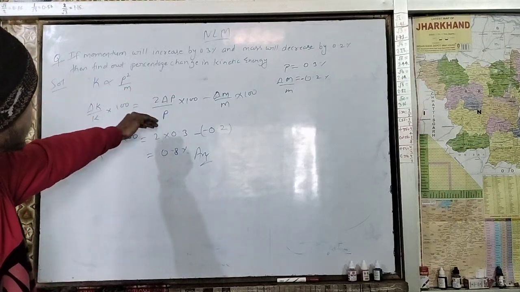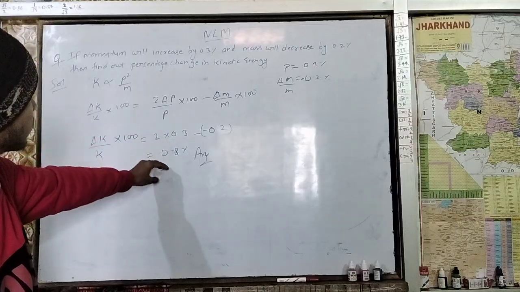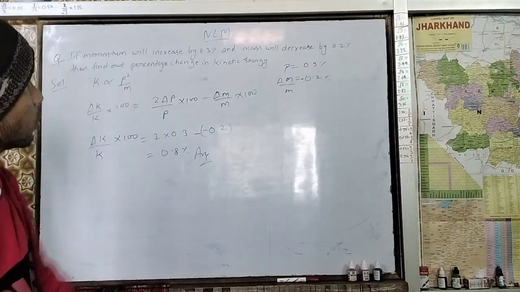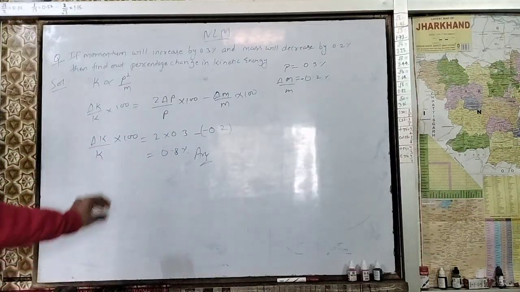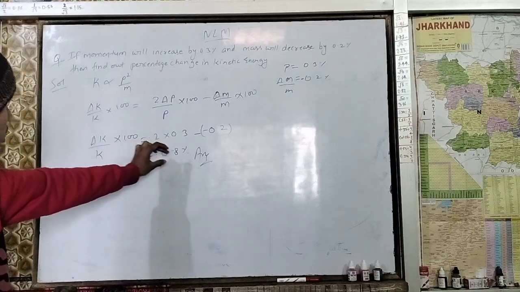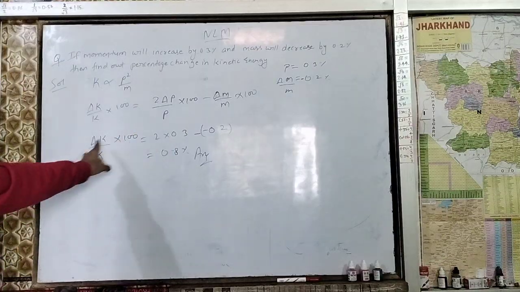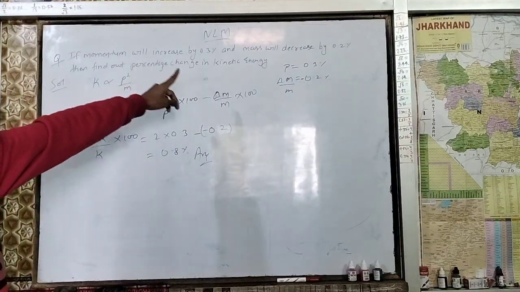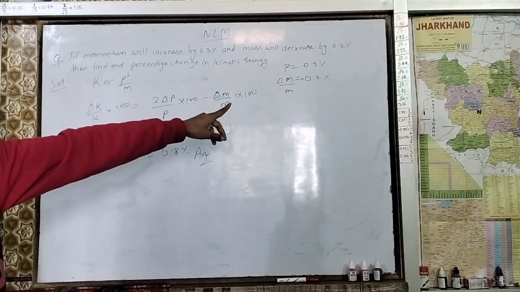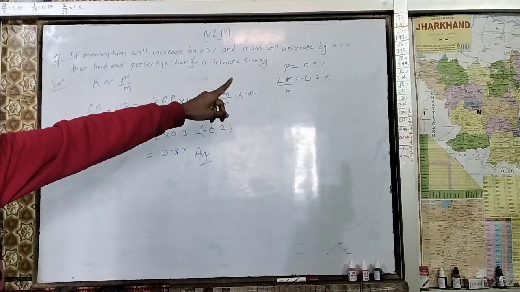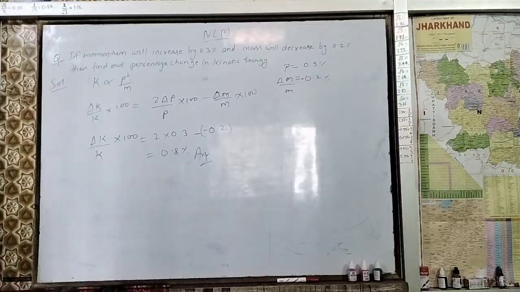That is how we will simplify it. At the end we will get the answer, which is 0.8%. This percent is the change in kinetic energy, where momentum is increasing by 0.3% and mass is decreasing by 0.2%.